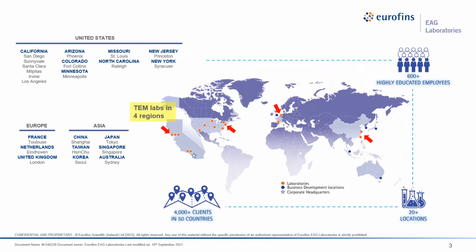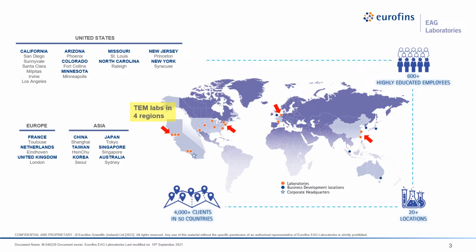So EAG is actually now a worldwide company. We have TEM labs in 4 regions: in California, specifically the Bay Area, on the East Coast, Raleigh, North Carolina, and Eindhoven, we have a TEM lab, and in Shanghai, we also have a brand new TEM lab.